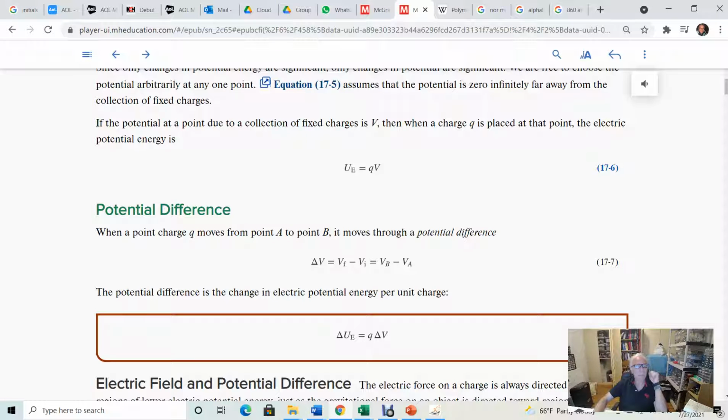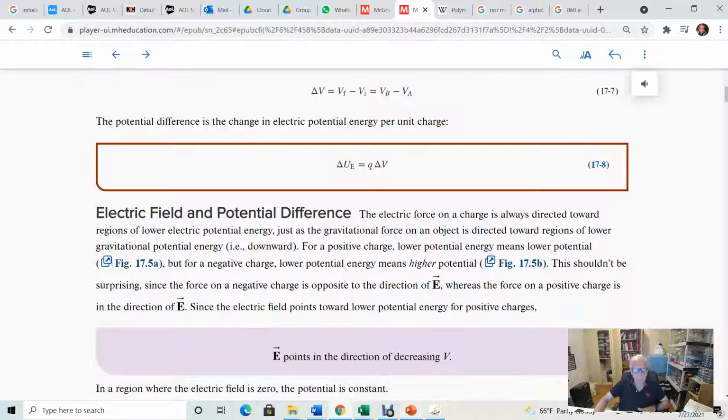Going back here, potential difference. When a point charge moves from point A to B, it moves through a potential difference. So we can also write potential energy difference and potential difference. That's what you have right in here.